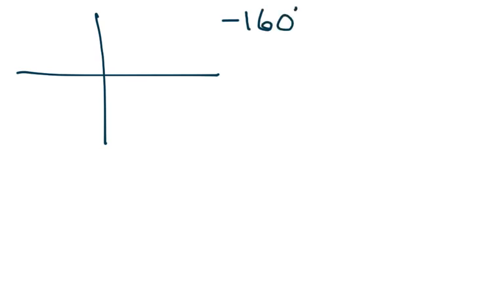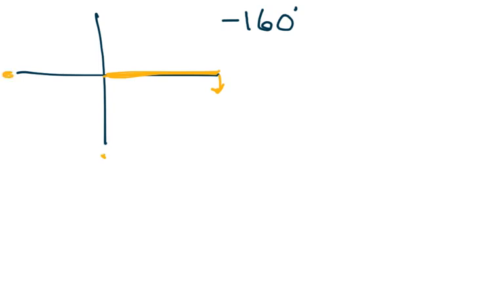Another example. Let's say I want to do negative 160. We haven't done any negative. I'm going to start here. Here's my initial ray. I'm going to go this direction instead. That's down. So here's 90. Here's 180.